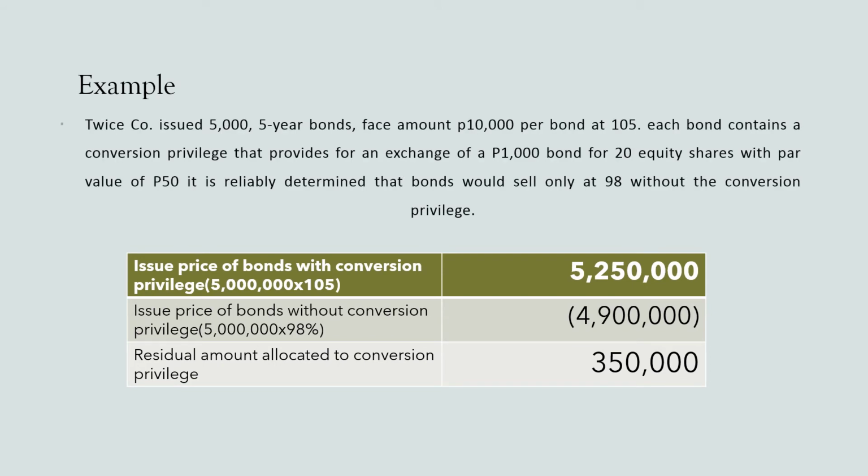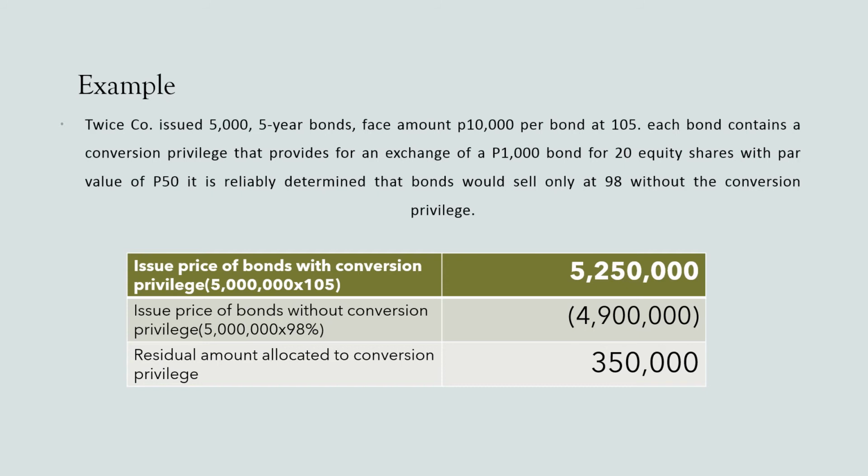Issue price of bonds without conversion privilege is 5 million times 98% equals 4,900,000. So, para makuha yung residual amount allocated to conversion privilege, i-minus mo lang siya. So, ang sagot is 350K, that is the equity component.